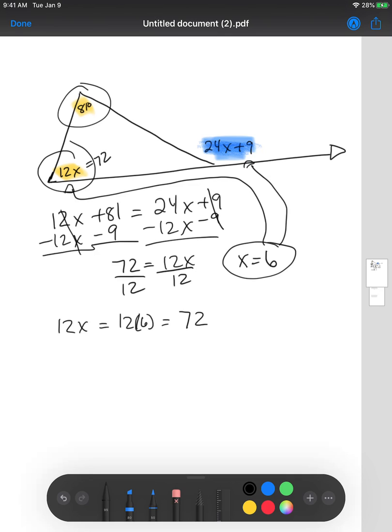And now my exterior angle, 24 times 6 plus 9. 24 times 6 is 144 plus 9 is 153. So this one is 153. Okay, so now let's check our work. We're going to add the two yellow together to see if it equals 153. So 81 plus 72 is 153. So we know we are right. And now we know all three of those.